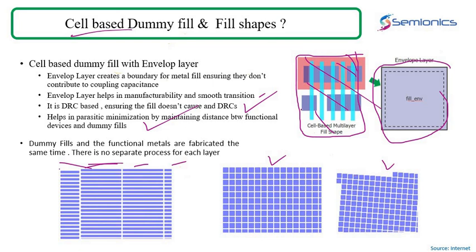Okay, so that's about your envelope layer and the variety of fill shapes. That's where your envelope layer comes into picture, wherein it helps in the CMP process, creates a boundary for your fill cell, does not contribute much towards the parasitics of your design, and also helps in the smooth CMP process transition. So this is a short information about the envelope layer.